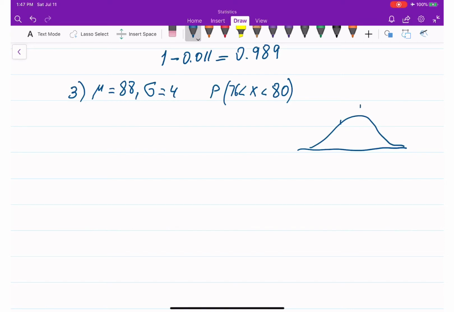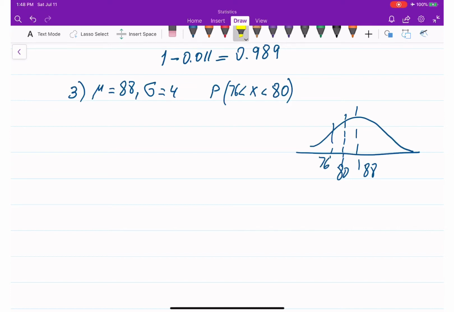If this is my mu, average 88, then this can be, let's say, 80, and this can be, let's say, 76. So we need to find in between this piece.